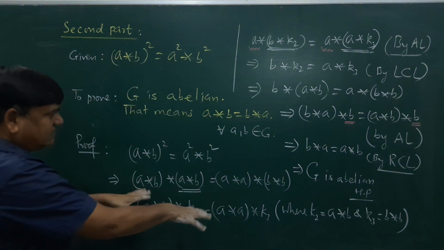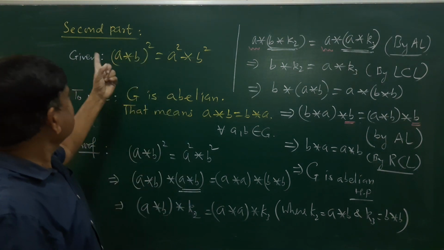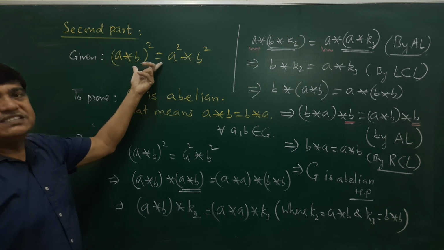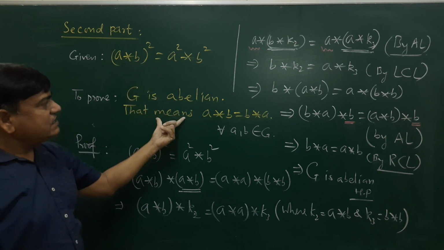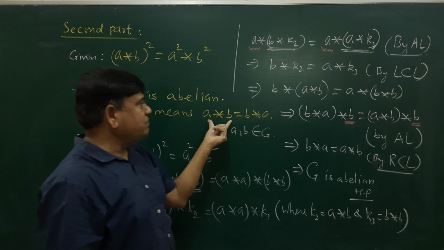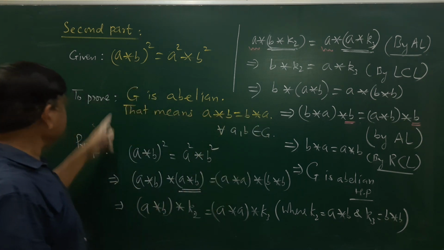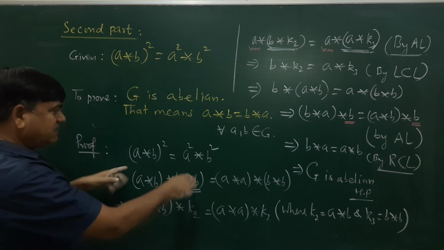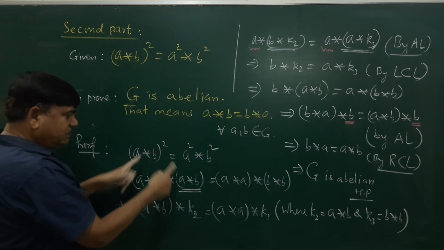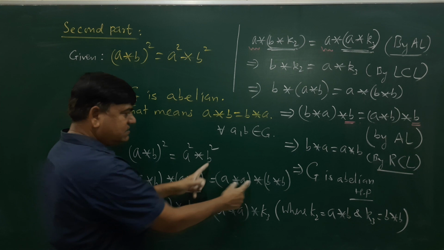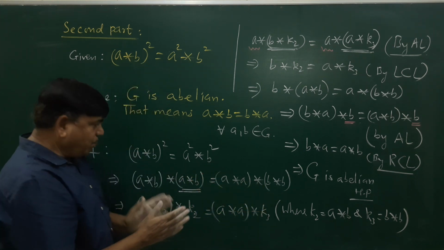Let us revise. This is given. इसी से start करेंगे. Prove क्या करना है? G is abelian means we have to prove this one. A star B equals to B star A for all a, b. So this part is given. I have copied. What is the meaning of this? A square means this. B square means this.